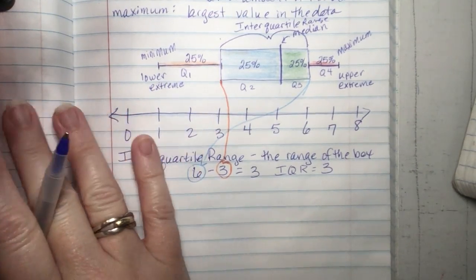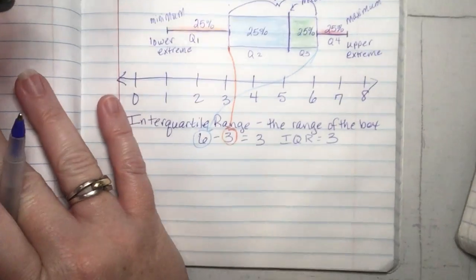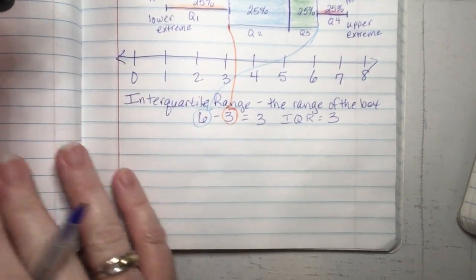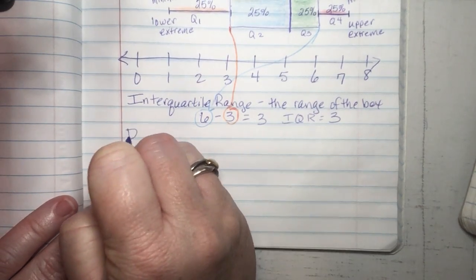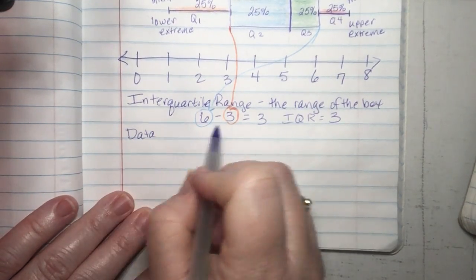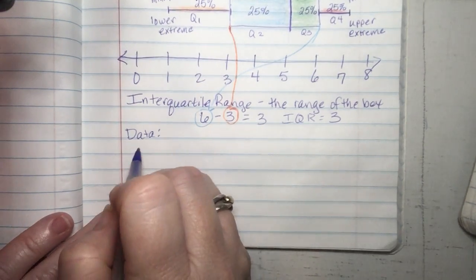Okay? All right, let's practice with some numbers. So we're going to come down a little bit. All right, here's our data. Don't skip along because we just put that right there. We're going to put all of our data here.